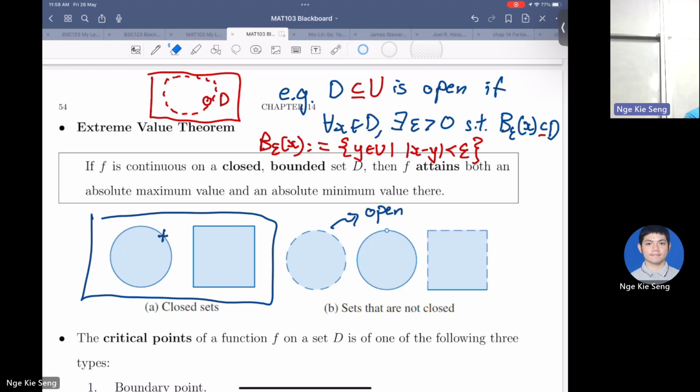Is this a dash line or not? Okay, this is a dash line. This is open. The open and closed. Okay, so maybe I check the definition first, see if I left out any detail, and then we will come back at 12:10. Take a break until 12:10.